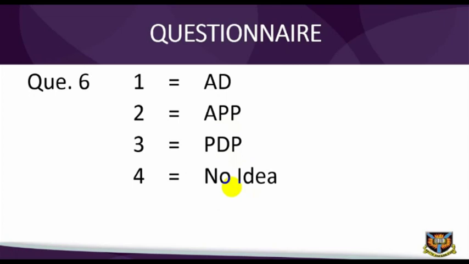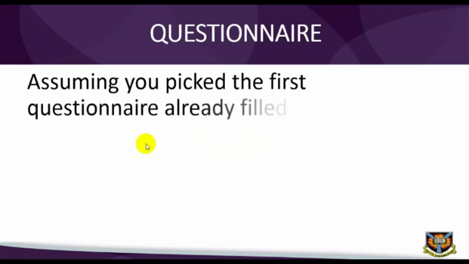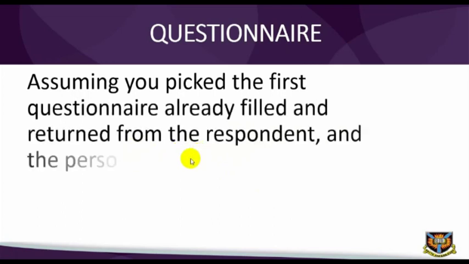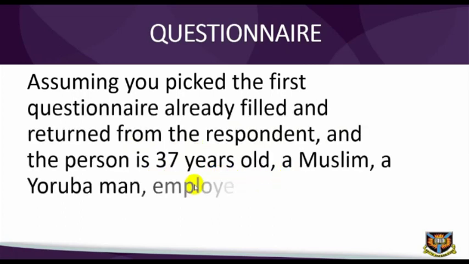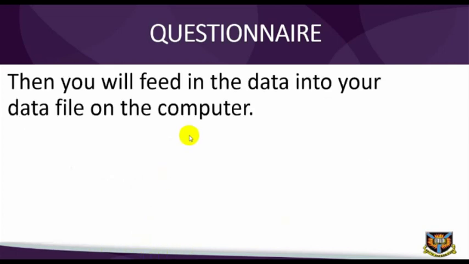Now, assuming you pick the first questionnaire already filled and returned from the respondent, and the person is 37 years old, a Muslim, a Yoruba man, employed, a member of AD, who would prefer to vote for AD in the next election, then you will feed the data into your data file on the computer.